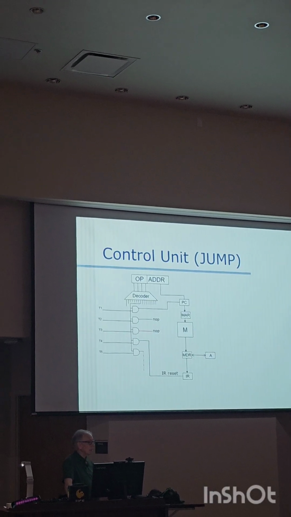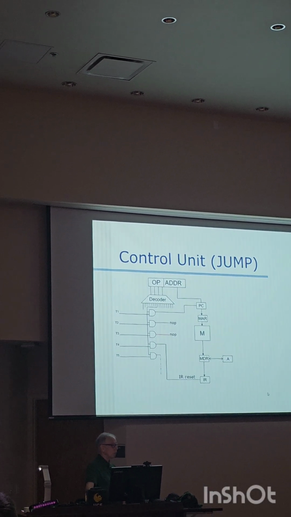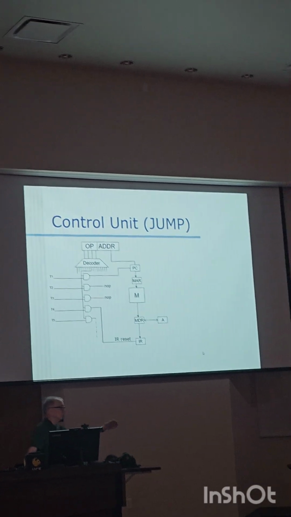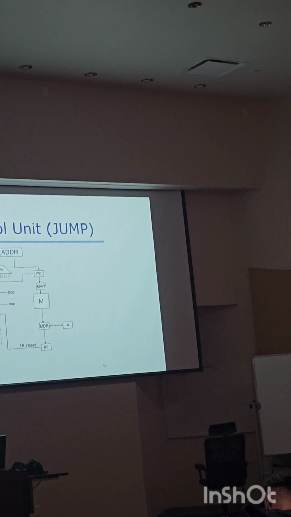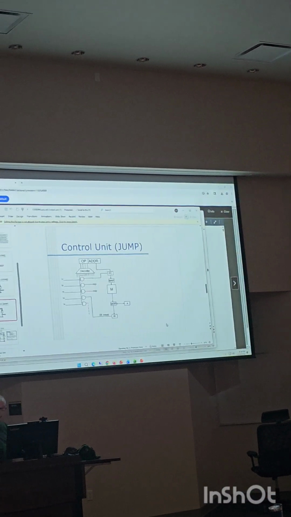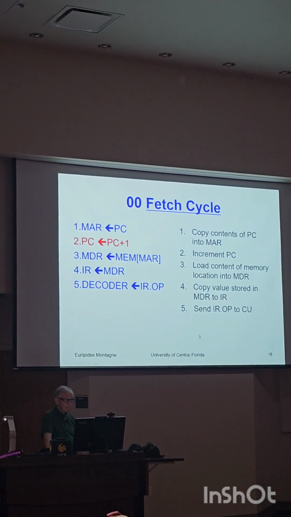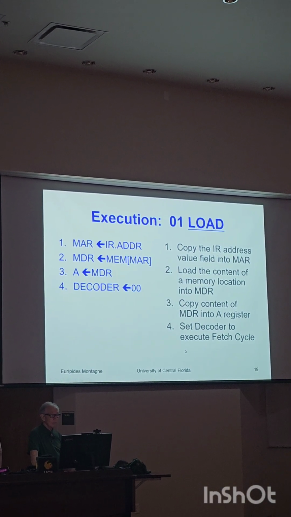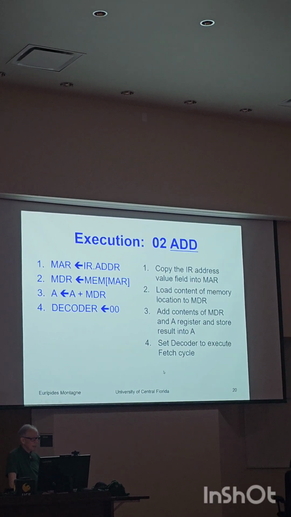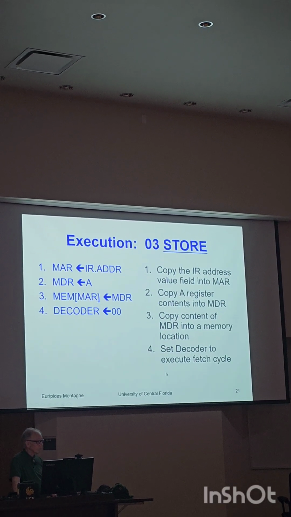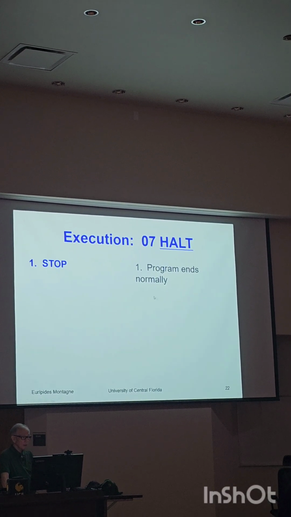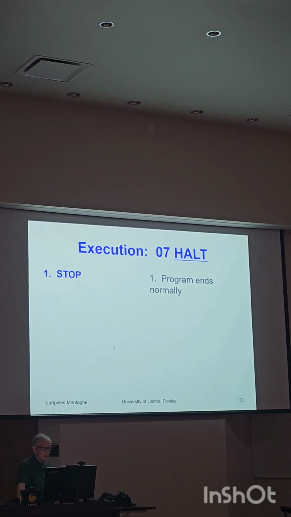We know that, but at the beginning of the semester we didn't know. So we have to say that goes to the decoder. Alright? And then we have load, add, store, okay? And then halt, just stop the machine, in this case.